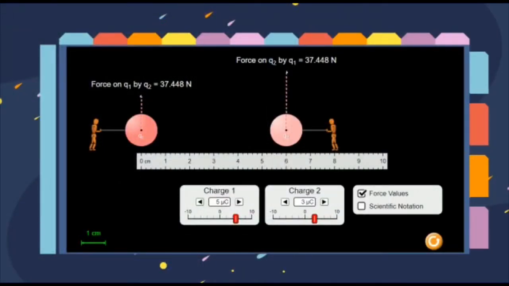Here we have the screenshot of the simulation for part 2. From what we discussed, we know that charge 1 is 5 microcoulomb and charge 2 is 3 microcoulomb. R is the distance between Q1 and Q2, the two spheres, and the responding variable is the electrostatic force.